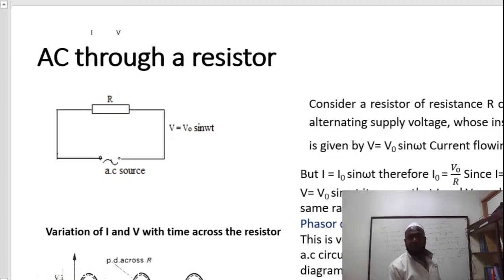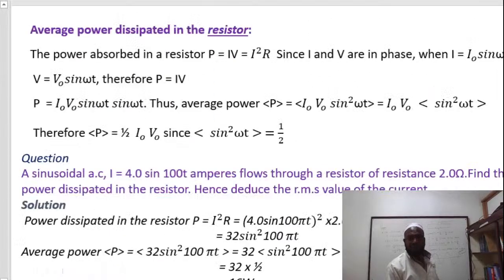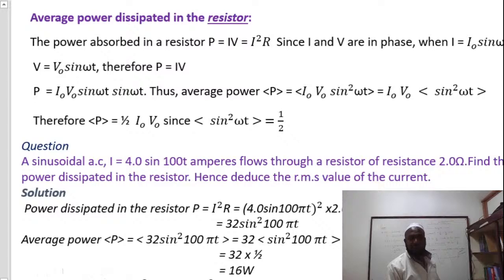The sinusoidal current I is equal to 4.0 sine 2πft, and the value of f is 100 Hz.